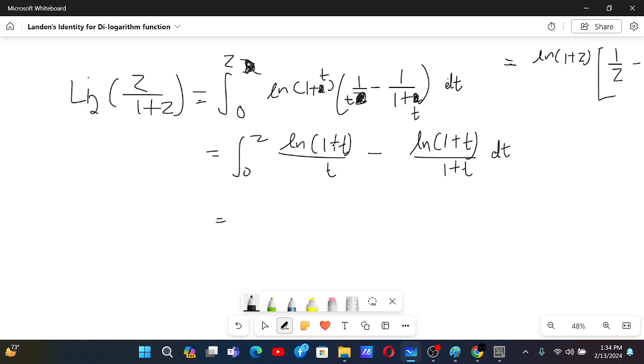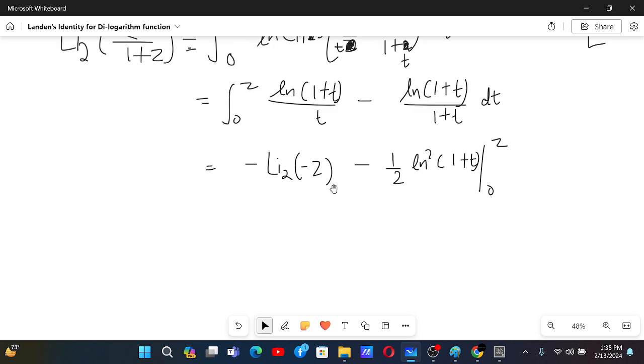The first term is ln of 1 minus (minus t) over t, so we can make the differential d of minus t, and we get minus Li2 of minus t, evaluated at z, so minus z. For the second, if y is ln of 1 plus t, then 1 by 1 plus t dt is just dy, so we have y square by 2, which is 1 by 2 ln square of 1 plus t. Now this thing is evaluated at 0 and z, only this one, because the first is already evaluated from the definition.